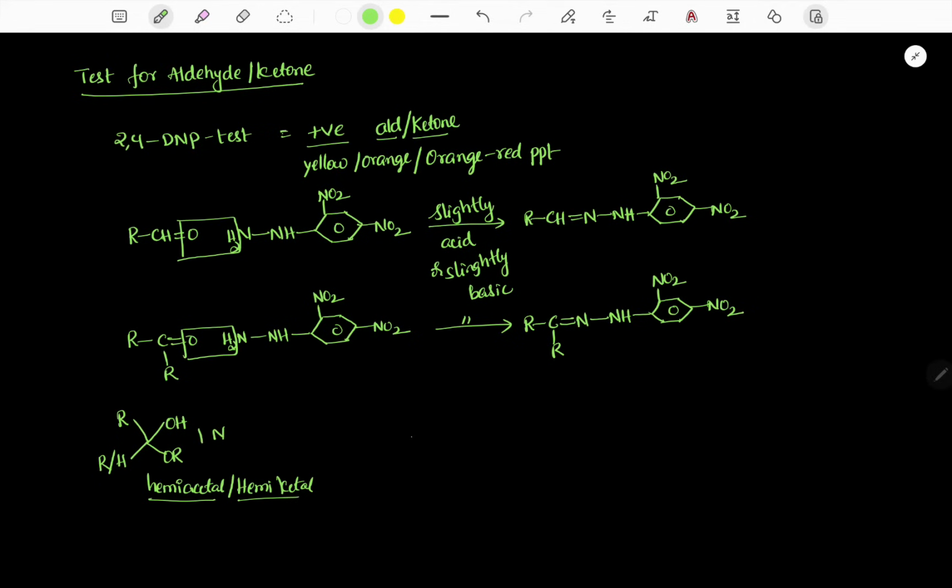Even this one also reacts with 2,4-dinitrophenylhydrazine in the presence of slightly acidic or basic medium, because we know that hemiacetal breaks into the corresponding aldehyde or ketone plus alcohol in the presence of acidic or basic medium.